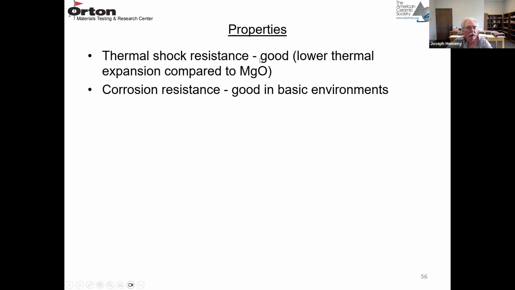So for properties, thermal shock resistance is a little better than an MgO refractory because the lime addition lowers the thermal expansion of MgO. It's still not great, but it's better. But it has very good corrosion resistance when you have a basic environment or a basic slag.